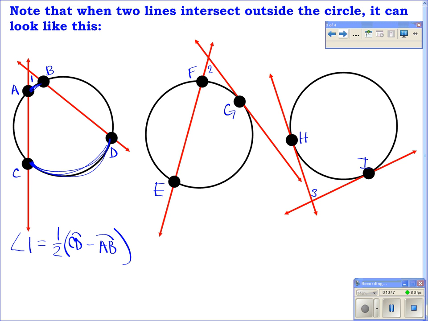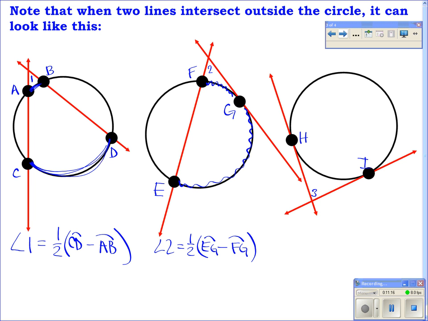Looking at this one, what 2 arcs does it open up to? Angle 2 is equal to 1/2 EG and FG. So we have this arc, whatever number is on there, minus that smaller arc. They'll give you numbers on those arcs. You're just going to put them into the formula.